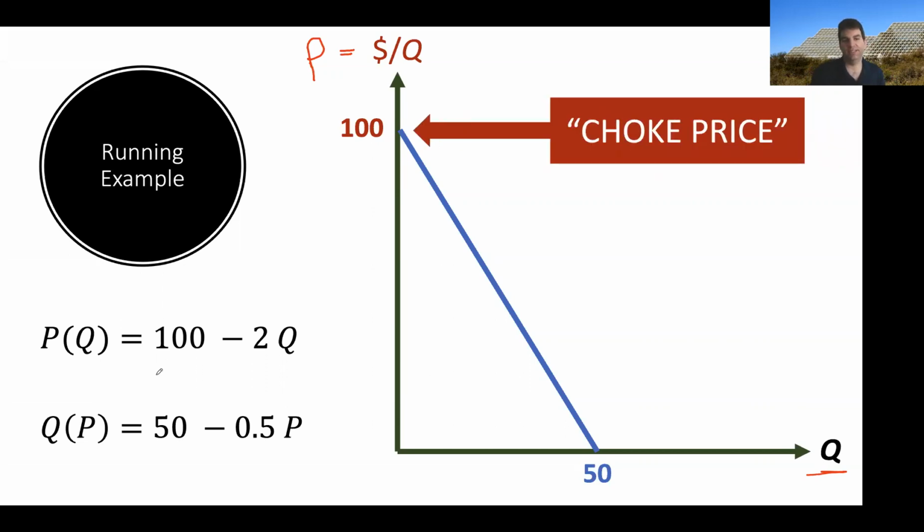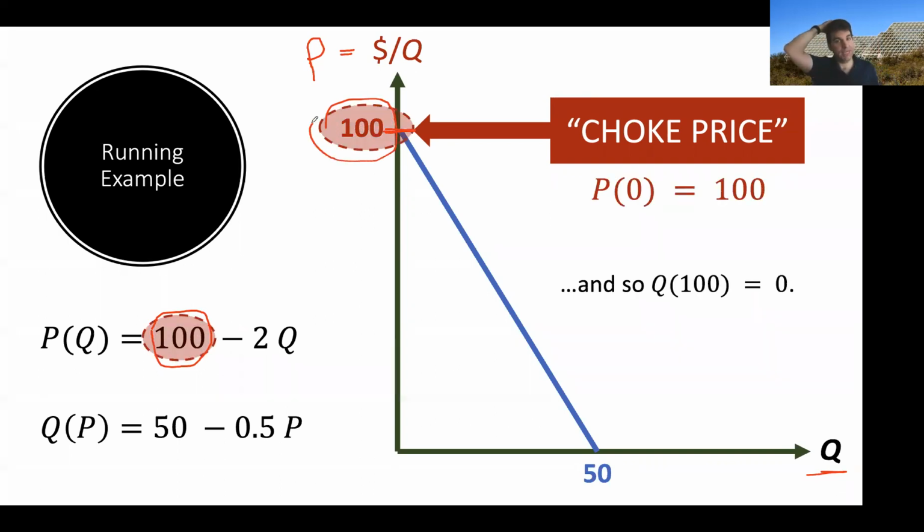And the choke price, which shows up as the intercept of the inverse demand function, is just where the demand curve intersects this price axis. There's my choke price, there's the 100 right there. That is effectively where P of 0, the inverse demand function evaluated at Q equals 0, is equal to 100.